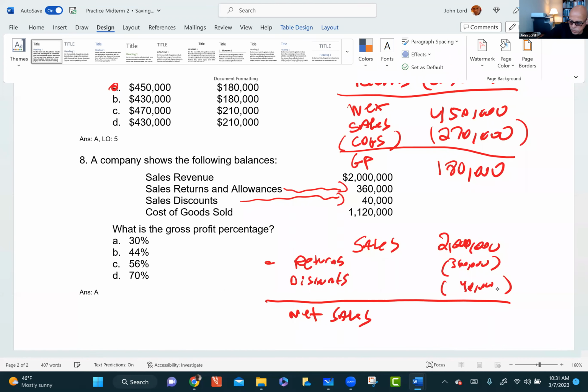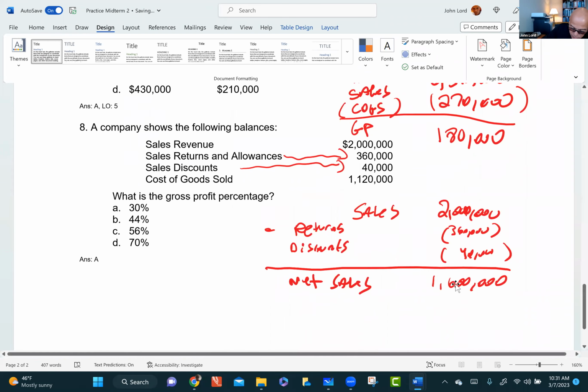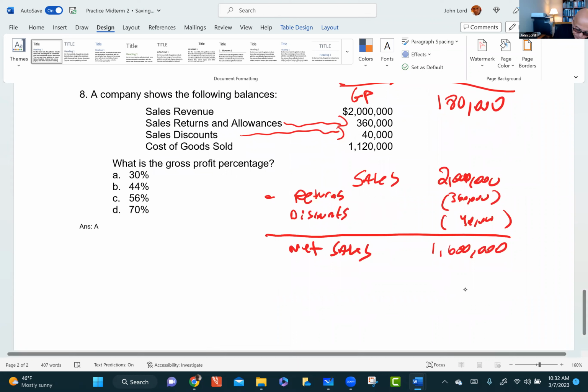That gives me net sales. So I'm going to take 2 million minus 360 minus 40,000 gives me 1,600,000. Then I pick up the cost of goods sold here.